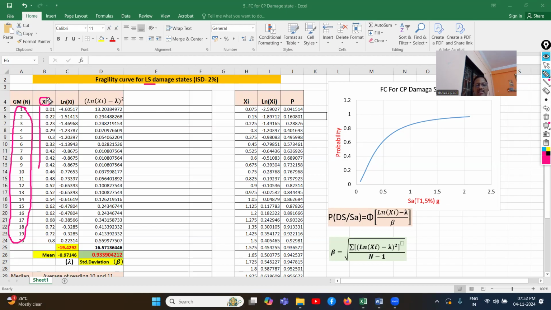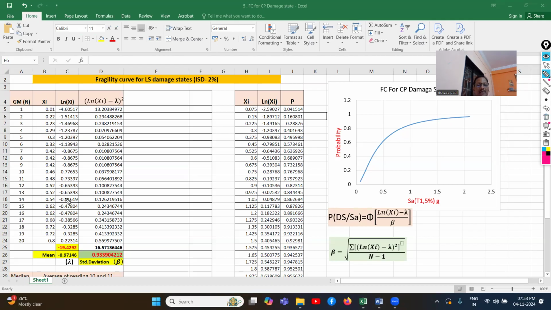You just make a list of these. These are the readings from the IDA analysis.